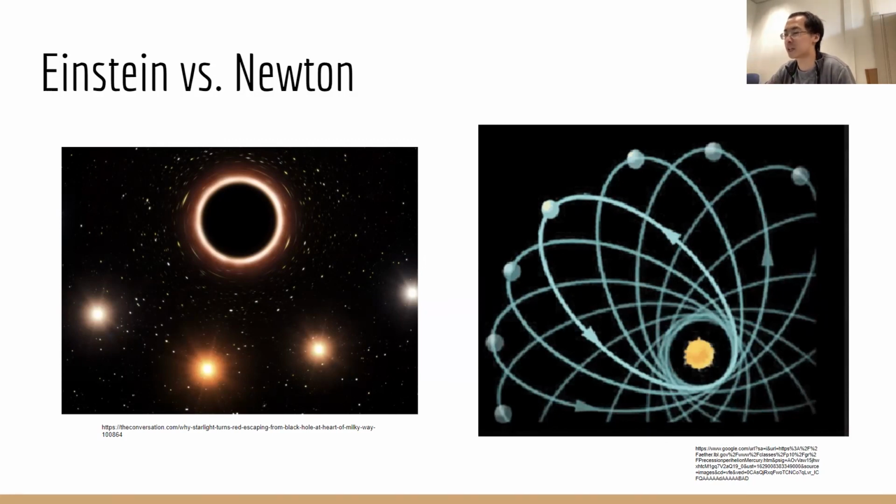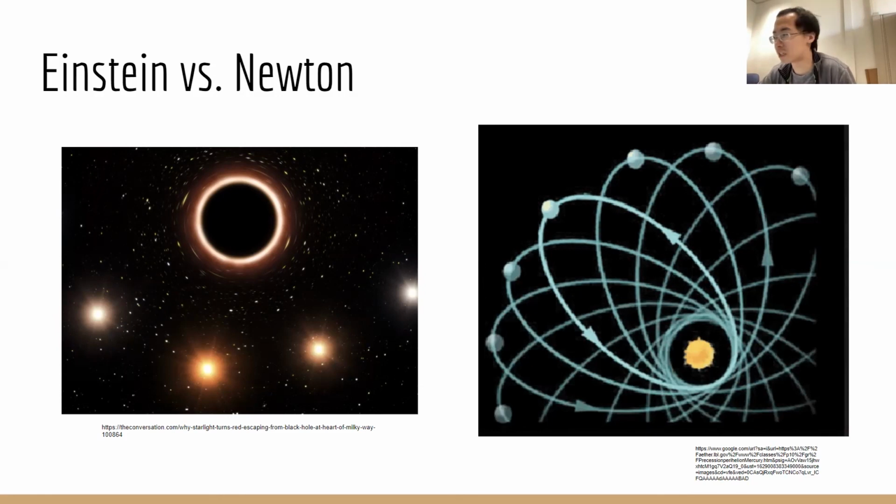This is an effect called gravitational redshift: light that comes from gravitational wells will be reddened when it comes out of the wells. This has actually been measured for stars that move very close to the supermassive black hole at the center of our galaxy.